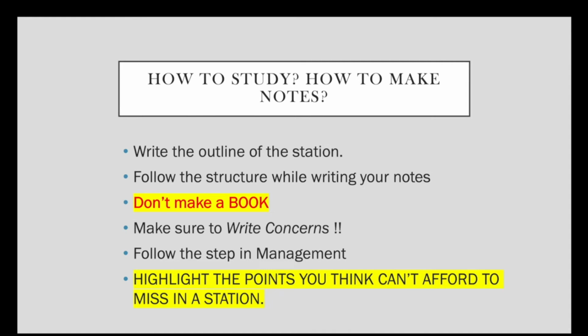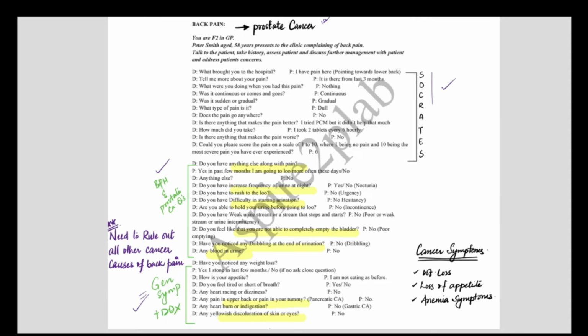Now I have placed my notes where I will tell you how basically I write and how to go about a station. Suppose this is a back pain station. Whatever the question is, we know that the first 5, 7 or maybe 9 questions are about Socrates because the presenting complaint is back pain. Then the questions are about the risk factors, or you can say questions related to the diagnosis.